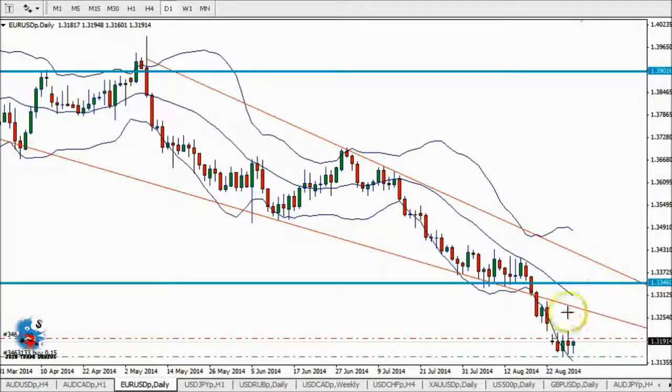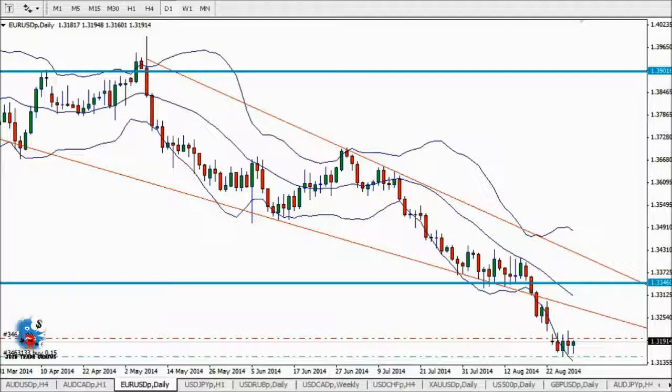Again, it's been repeated quite a few times, but we do have to say that there has to be some sort of pullback, surely, even if it's just 100 or 200 pips back towards 133 levels. That used to be the support line, before we see any more selling on this pair going below 131 levels.